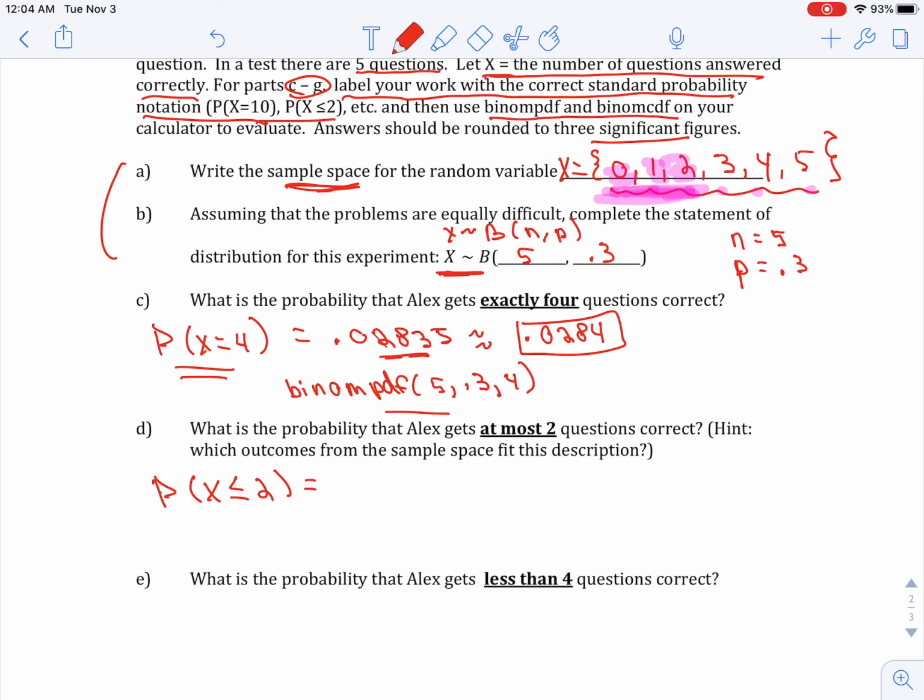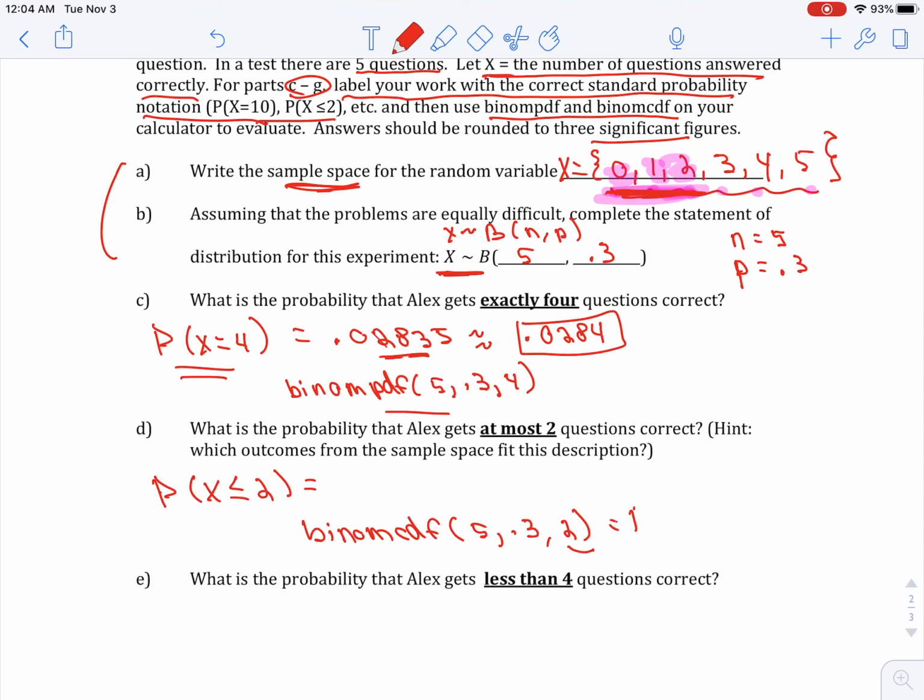And then remember that the way that you get that is we want to add up these 3 probabilities, and we do that with binom CDF. So we're going to look at 5 trials, 0.3 chance of success, and then we want 2 here. And that will automatically add up these 3 probabilities.